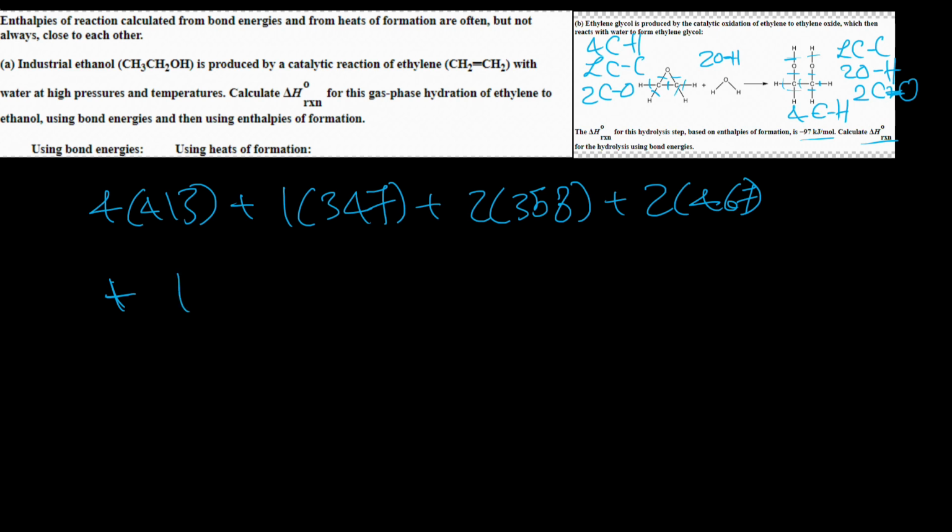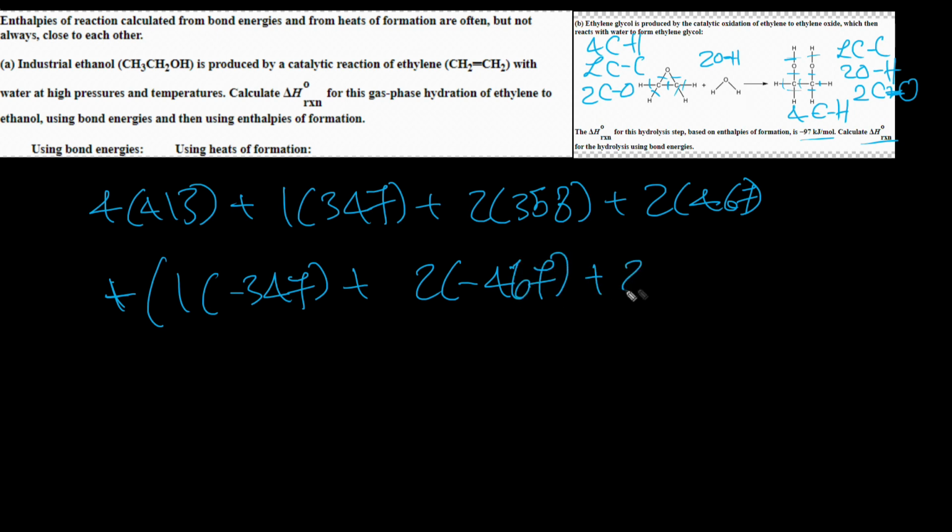So one of the CCs, which is negative 347, plus 2 of the OHs, which is negative 467, plus 2 of the COs, which is negative 358. Add that to 4 of the CHs. CHs are negative 413. And now you add them together.